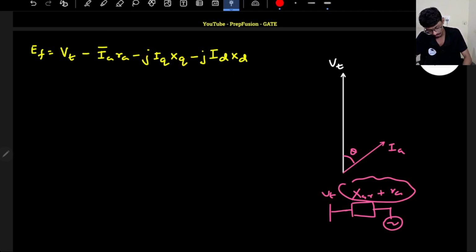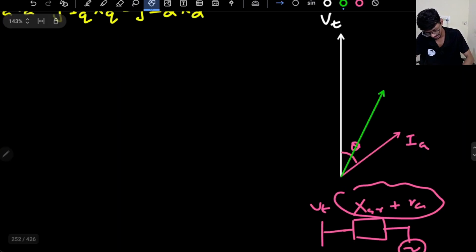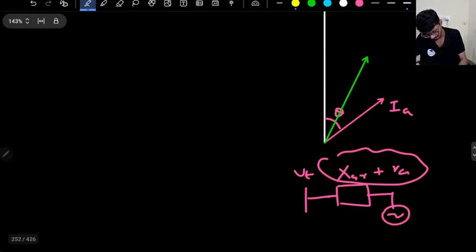So again, this is Ia, but I have to draw EF. If I don't draw EF, this will not work. So let me assume that I have EF here, somewhere in between. EF is lagging here somewhere, and this is the internal power factor angle with respect to EF, psi. So what is delta? Delta will be this.